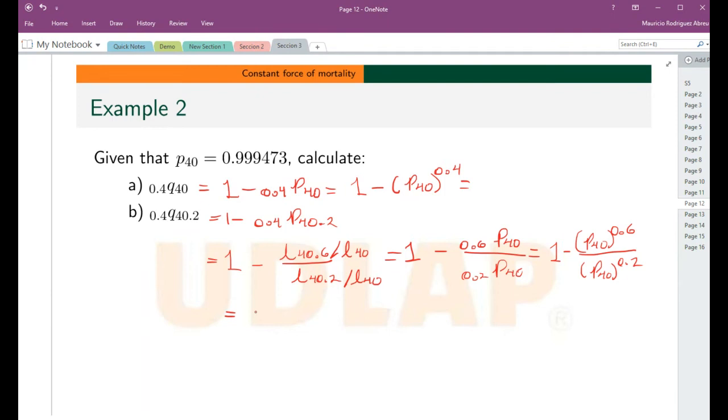So it's 0.999473. Okay. As you can see, we essentially get the same thing. So 2.108. I think before we have 82 and now we have 83, but that's fine.